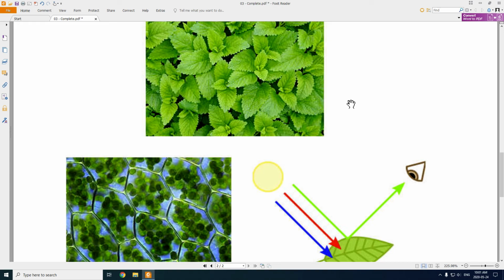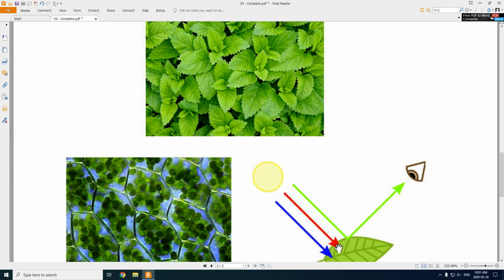And it's also a chemical that allows plants to do photosynthesis. So this chlorophyll chemical actually absorbs all of the colors of light except for green. So when light hits these plants, the red and the blue light is all absorbed by the plant, and it allows the plant to do photosynthesis.